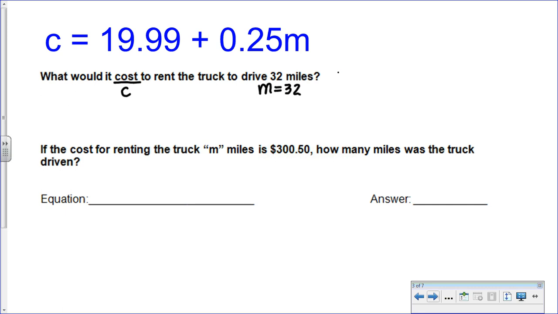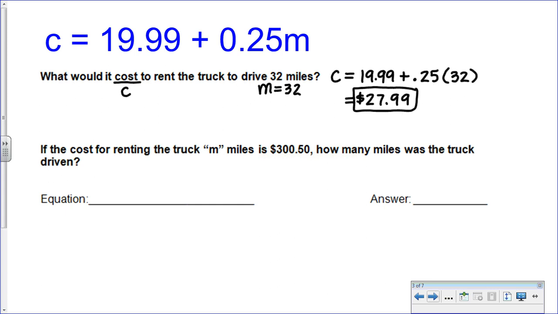So in our equation, we're going to find C by calculating 19.99 plus 0.25 times 32, the number of miles. Typing this in our calculator, 19.99 plus 0.25 times 32, we get 27.99. So what would it cost to rent the truck to drive 32 miles? $27.99.